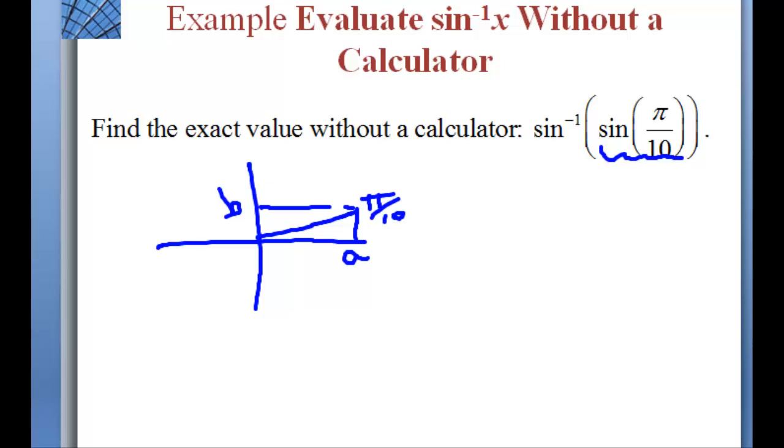In this case, we're asking for sine pi over 10, what's the y value? It's b. And on the inverse, we're asking what is the angle whose sine is b. And because we set it up, the angle we set it up is pi over 10. So the arcsine of the sine of pi over 10 is pi over 10.